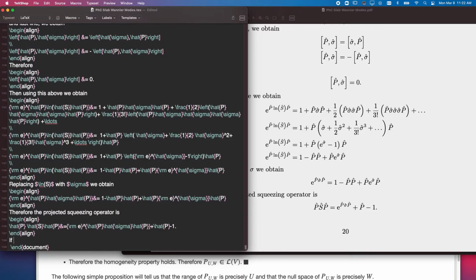Okay, so if sigma equal to 0, then we have 1 equal to 1 minus hat p.